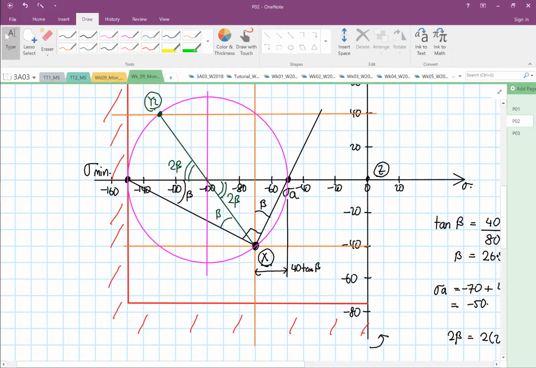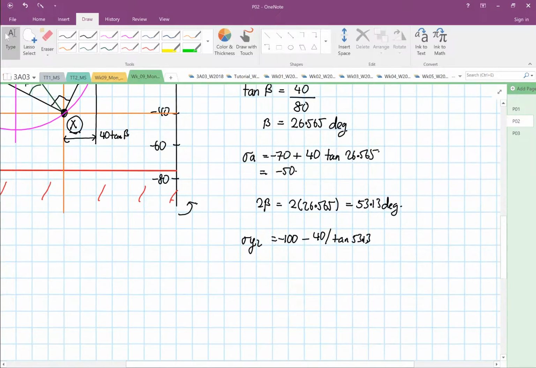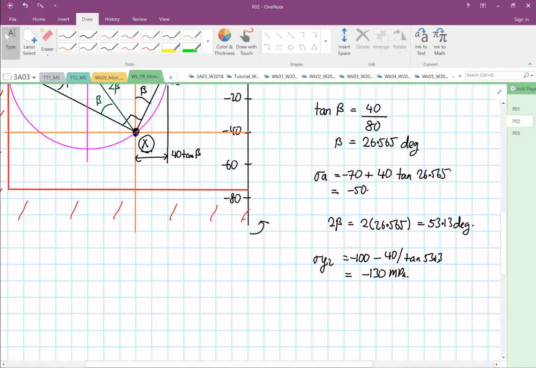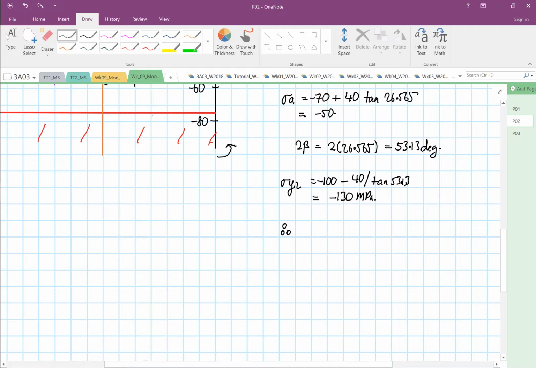We know that this is 53.13, and the height from here to here is our 40. This is the distance that we want to calculate, so that's why it's minus. We get minus 40 divided by tangent 53.13, so about minus 30. So this is about minus 130 megapascal. Therefore, stress y2 is equal to minus 130 megapascal.